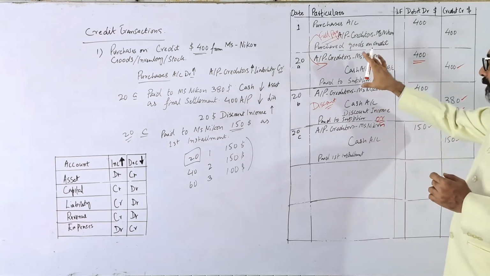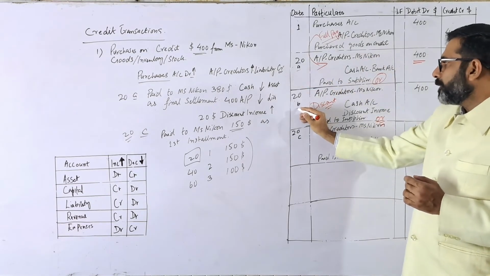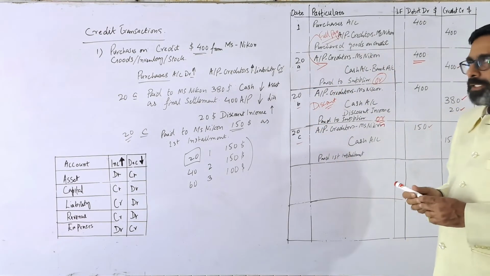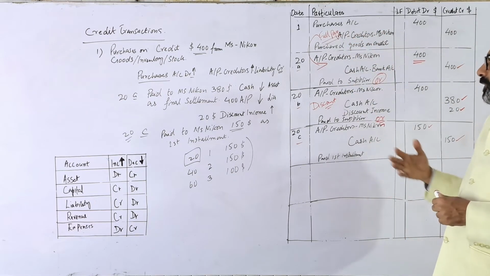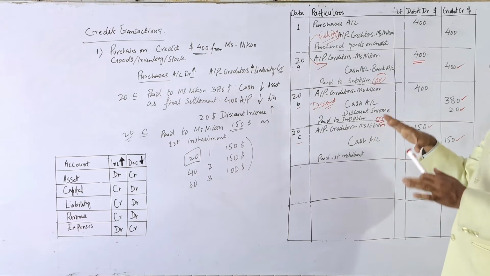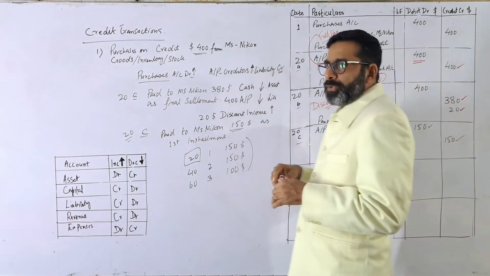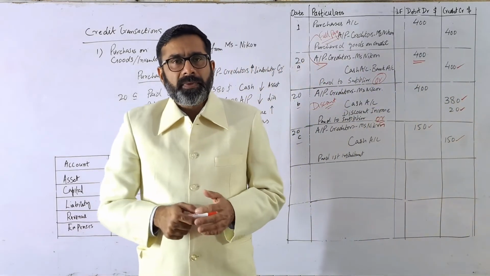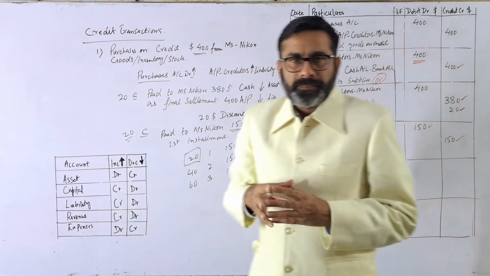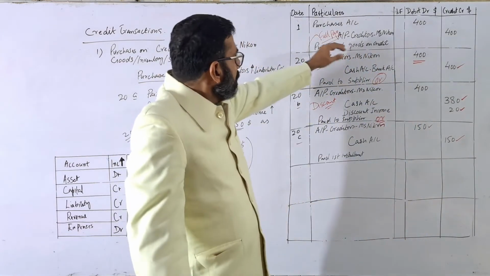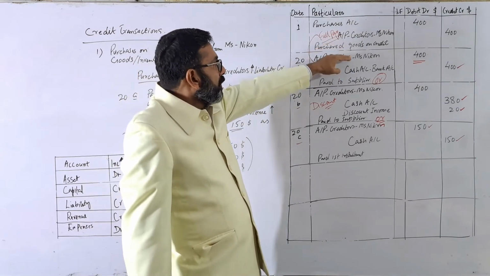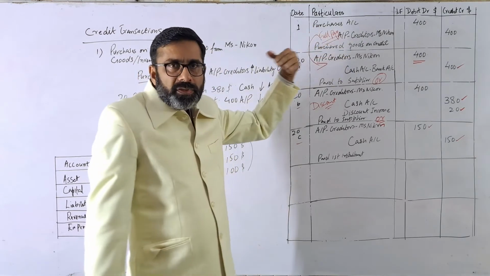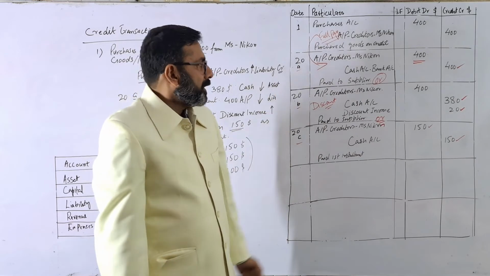So we have option A, option B, and option C. If you go through all the possible transactions, the basic transaction was that you have purchased the goods from the suppliers on credit. So your payable, or your liability, is credited by $400, and the purchases or goods account is debited by $400.